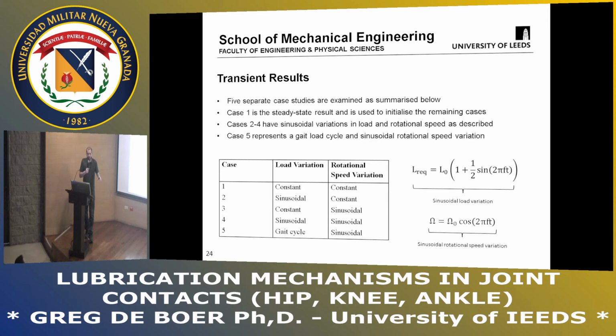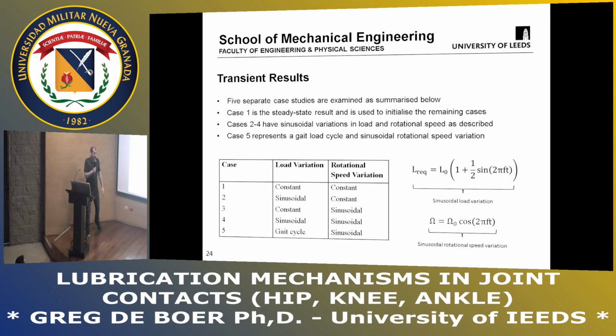They have some different variations of either the load that's applied or the speed at which the bodies are moving. Some of them are sinusoidal, and some of them are constant, so it's just looking at different combinations, whether your load is varying over time or your speed varies over time or both.